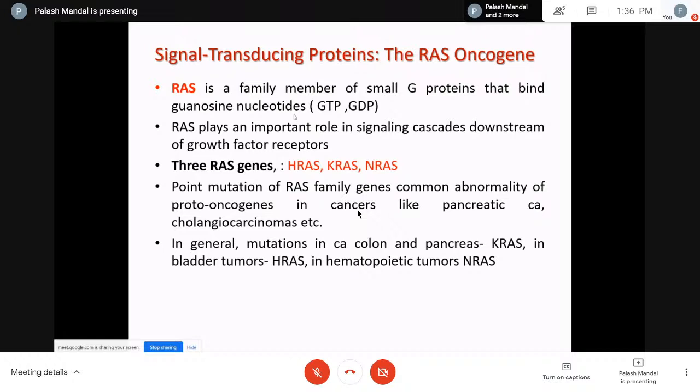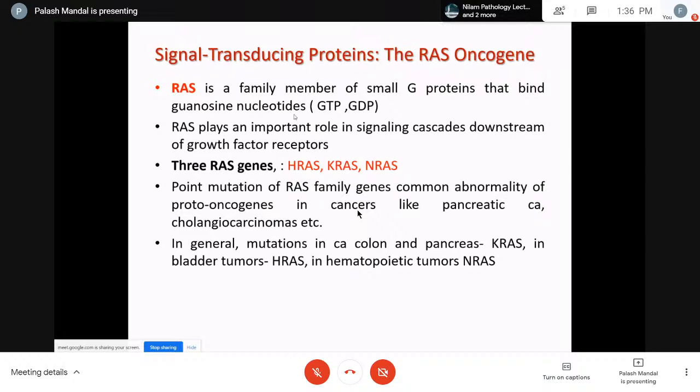Okay, so growth factor receptors, after being activated by getting a signal from growth factor, that is attachment of growth factor, they lead to signal transduction, and one of the signal transduction proteins is RAS.